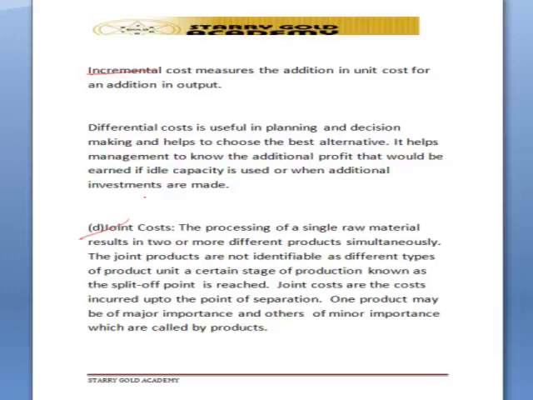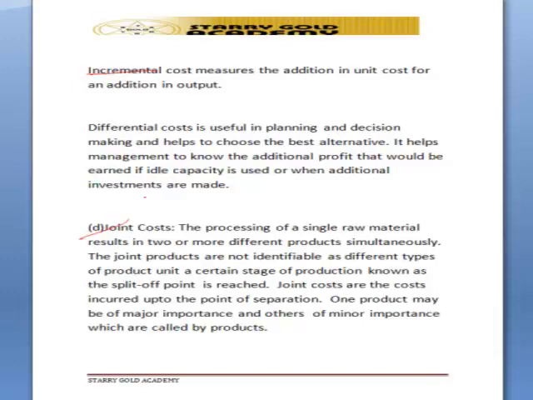The process of a single raw material resulting in two or more different products simultaneously is what we call joint products. As a result of that, a joint cost is incurred. The joint products are not identifiable as different types of product until a certain stage of production, known as the split off point, is reached. So joint costs are the costs incurred up to the point of separation.